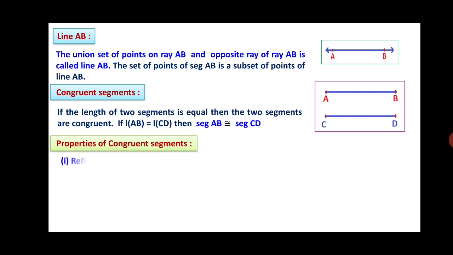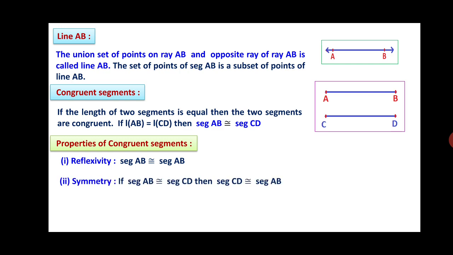Properties of congruent segments. The first one is reflexivity. Segment AB is congruent with segment AB, meaning every segment is congruent to itself. Second is symmetry. If segment AB is congruent with segment CD, then segment CD is also congruent with segment AB; if one segment is congruent with the second, then the second is congruent with the first.